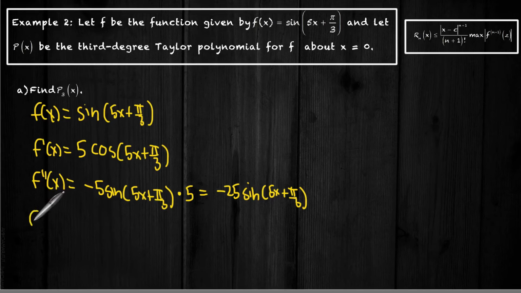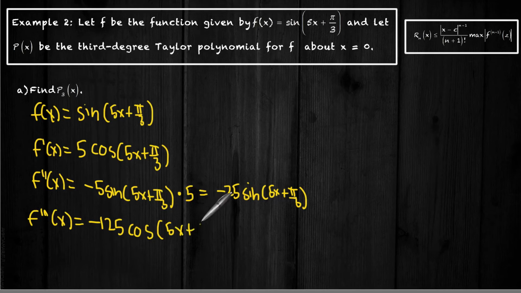And then the third derivative is simply going to be negative 125 cosine of 5x plus pi over 3. Even though we are only asked to find the third degree Taylor polynomial, I'm going to find the fourth derivative because we're going to need that, as it is our n plus 1 derivative.